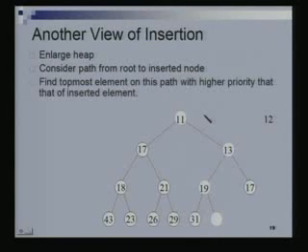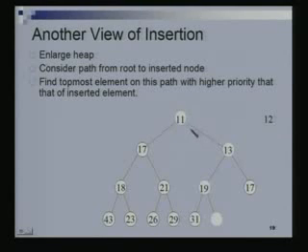And on this path we find the topmost element with priority higher than the priority of the inserted element. So what are the nodes on this path? These 3 nodes have priorities 19, 13 and 11. The topmost element on this path with higher priority than the element we are inserting, priority 12.